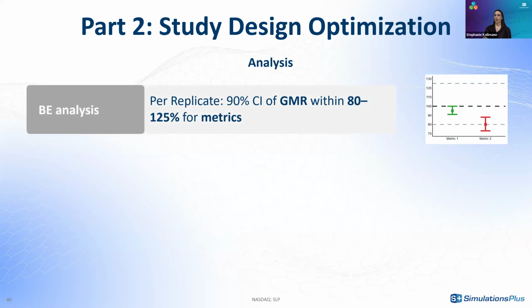Each simulation replicate was evaluated using a standard bioequivalence analysis, checking if the 90% confidence interval of the geometric mean ratio falls within the 80 to 125% bioequivalence margins for each PK and PD metric.